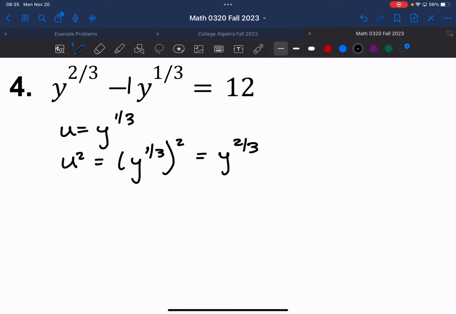Okay. So that means we have our u and we have our u squared. Okay. So I'm going to be plugging in those values. So now I have everything in terms of u instead of y. So I have u squared minus u equals 12.